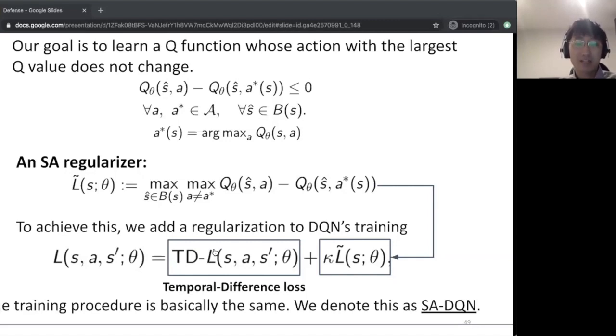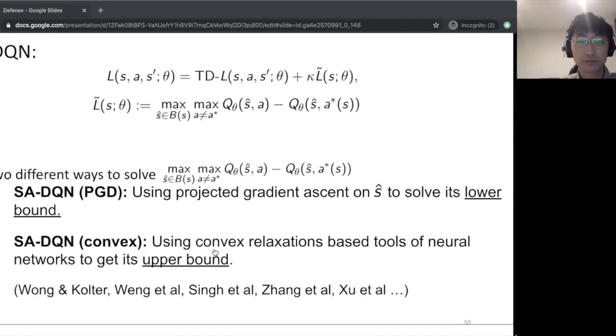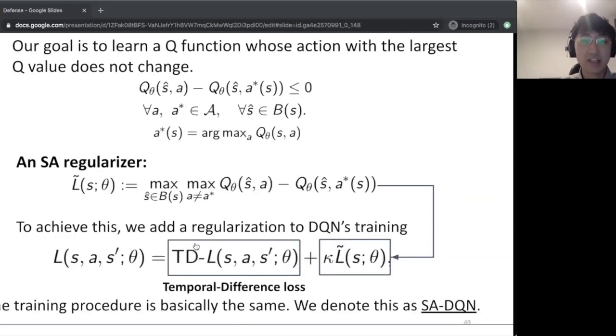Then we take another maximization among all perturbed states, S hat in B(S). This regularizer is added to DQN's loss, and the training procedure of DQN is unchanged. We call this SA-DQN.